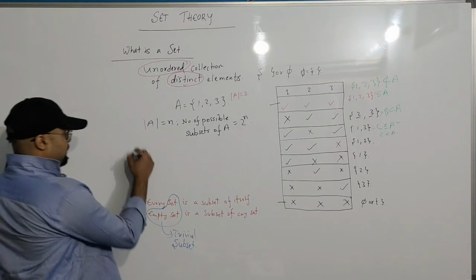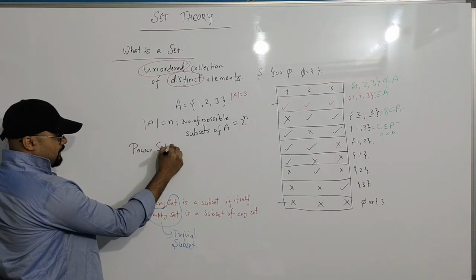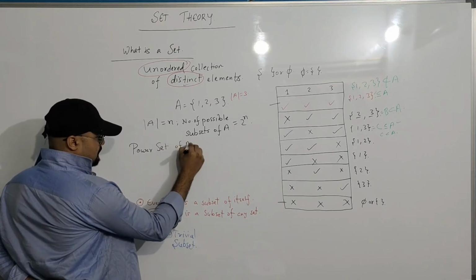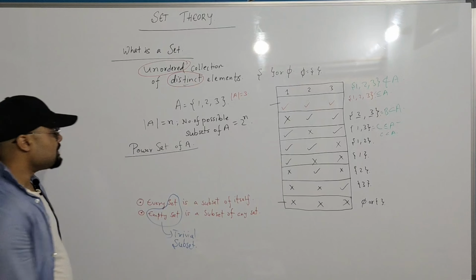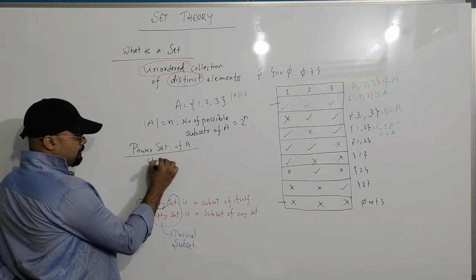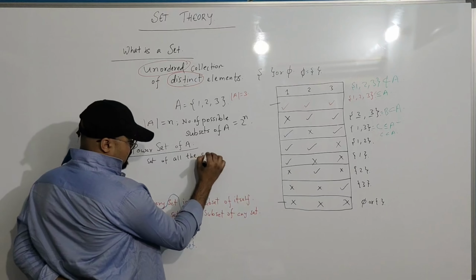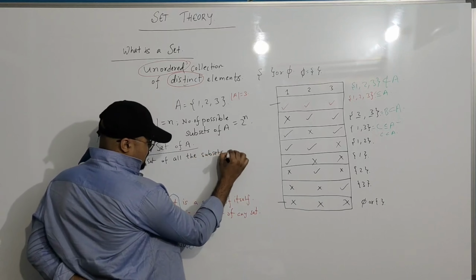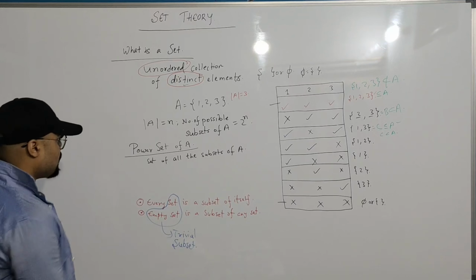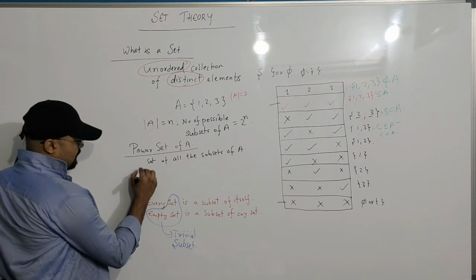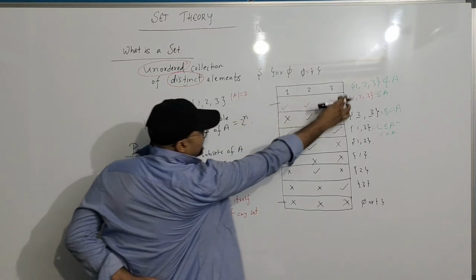What is the power set of A? The power set is the set of all the subsets of A. So the power set of A is going to be equal to all of this.